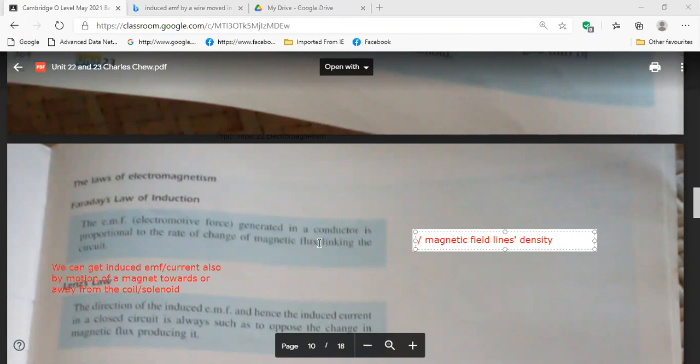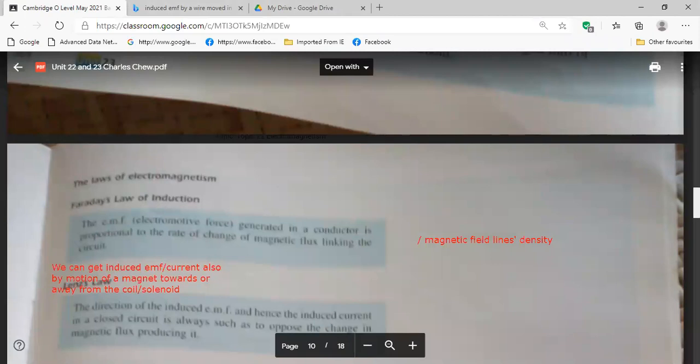After writing flux, you give a slash, then write magnetic field lines density. Okay? Yes, sir. Are you done with writing this statement? Yes, sir.